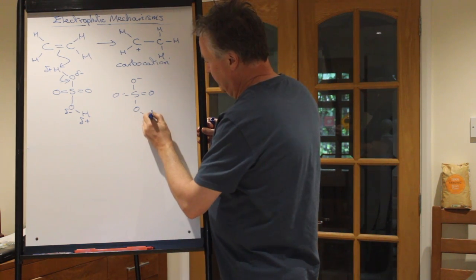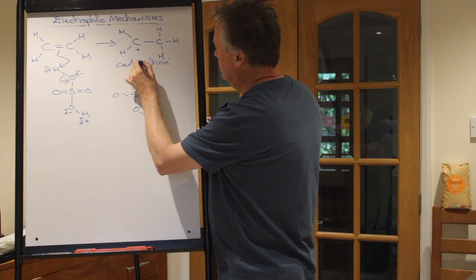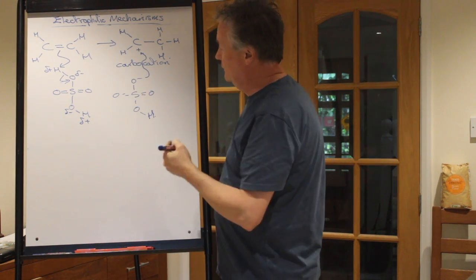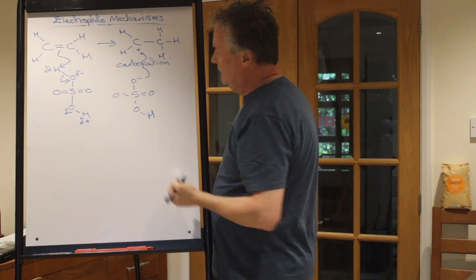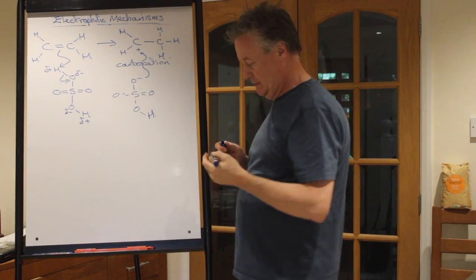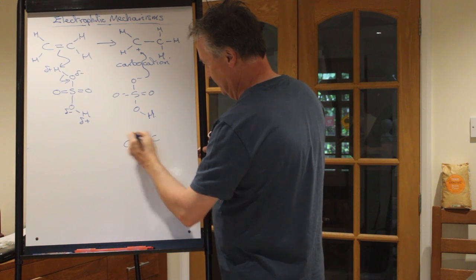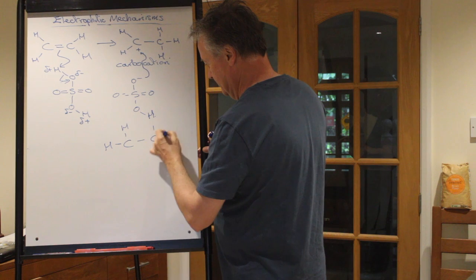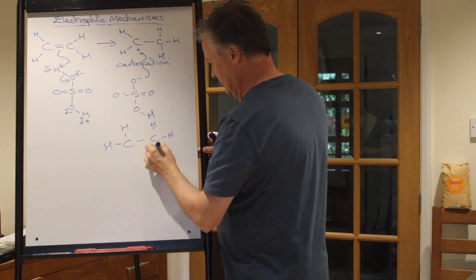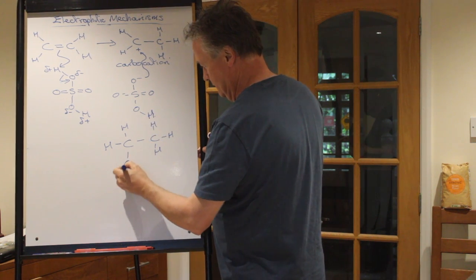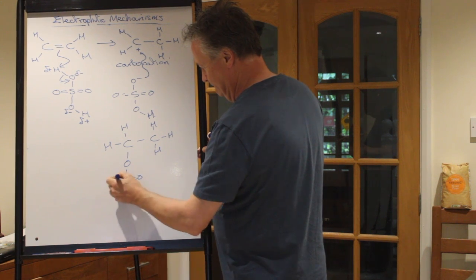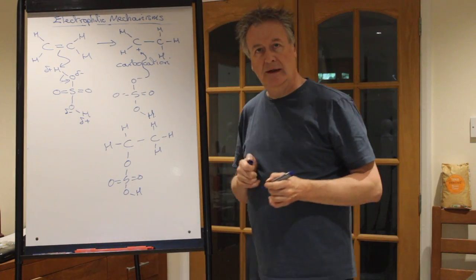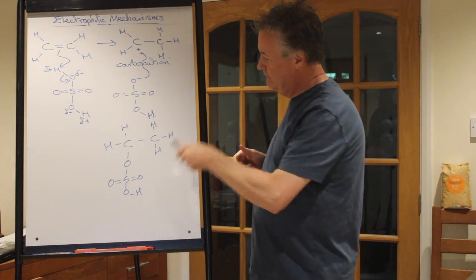Oh, that's a terrible H. Right. And what will happen? It'll work its way through the word carbocation because I've written it that way, and it will go in and join on there. So the product would then be, in full displayed glory, alkyl hydrogen sulfonate.